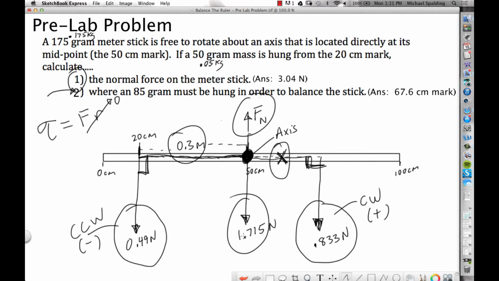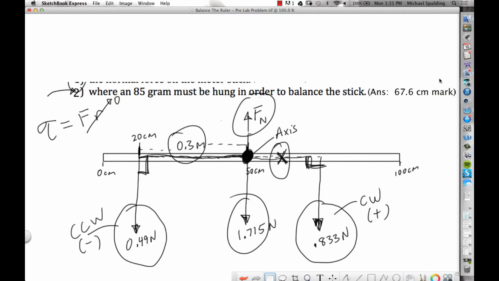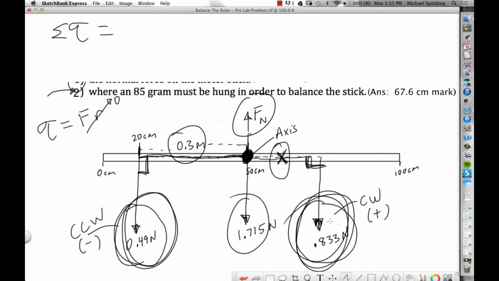All right, so we're ready to solve this. So let's just erase this up here. Make some room. So here's what your solution looks like. So we're going to sum the torques. How many torques do we have here? 2. We got this torque and this torque, the 2 torques. So let's start with the positive one. So we're going to go 0.833 newtons times x. So look, what did I just do there? The torque equation is what? Force times distance. And they have to be perpendicular. Is the 0.8 perpendicular to the x? Yep.